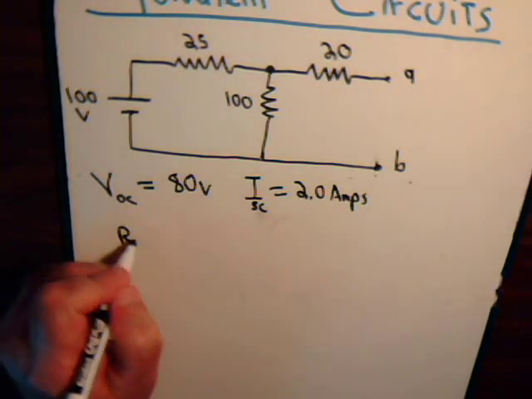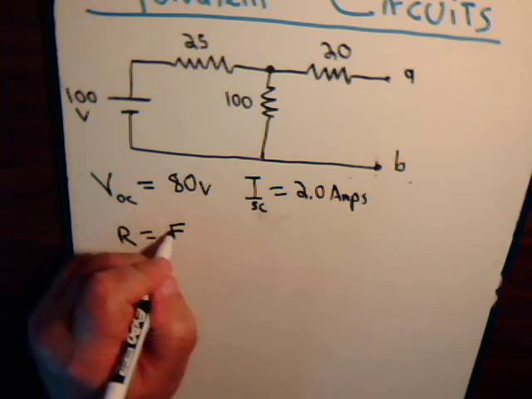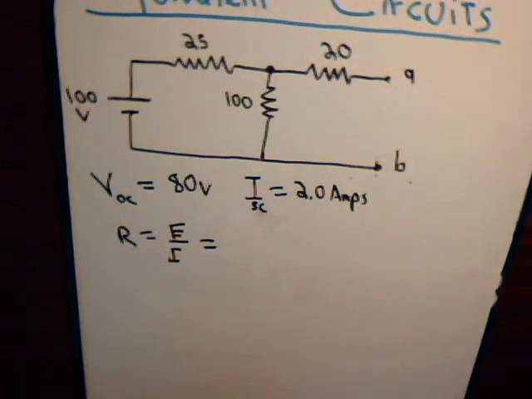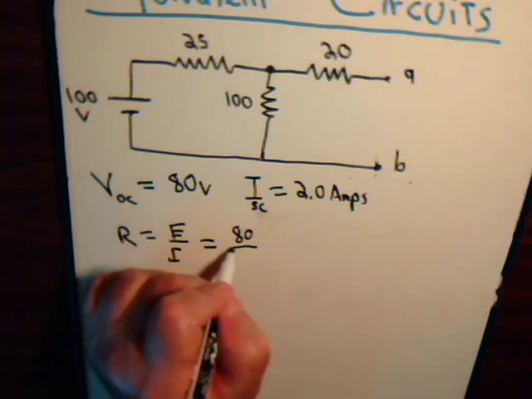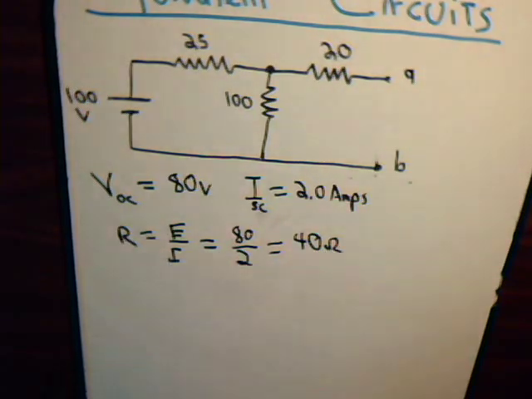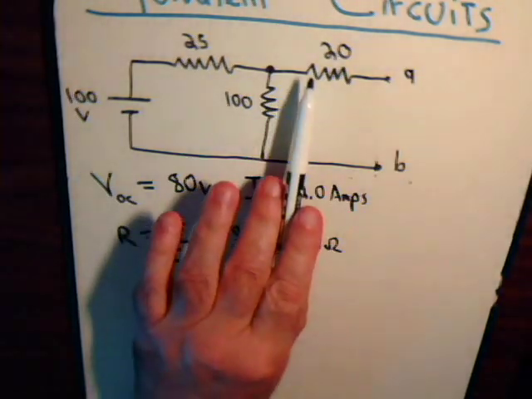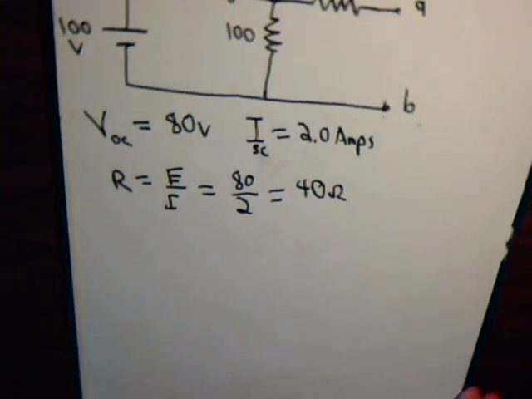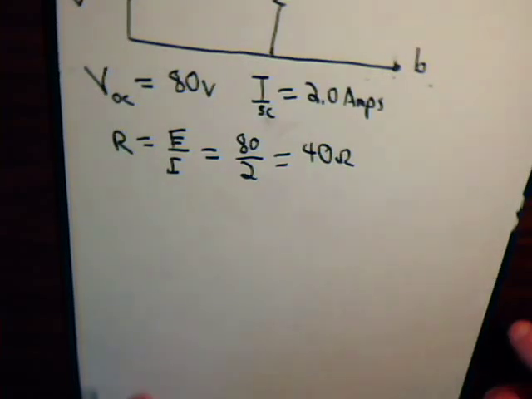Of course, that would simply be 80 over 2 equals 40 ohms. So what this means is that all of this can be replaced with just this.